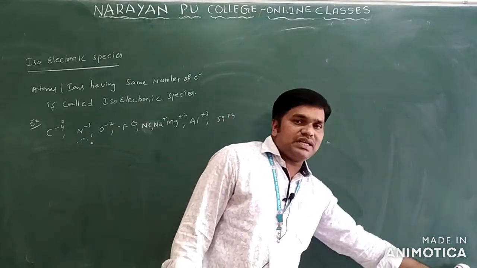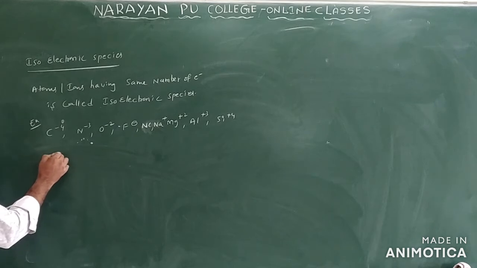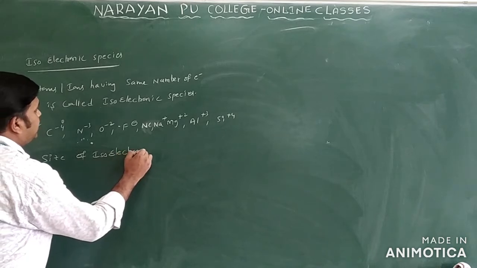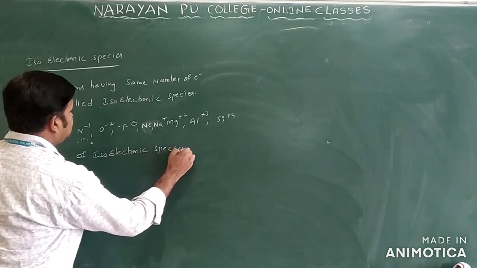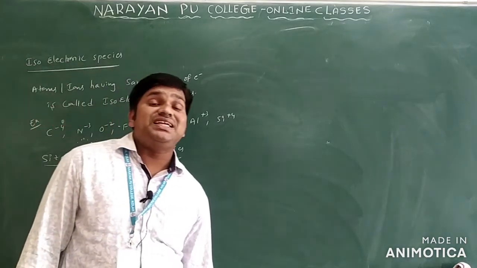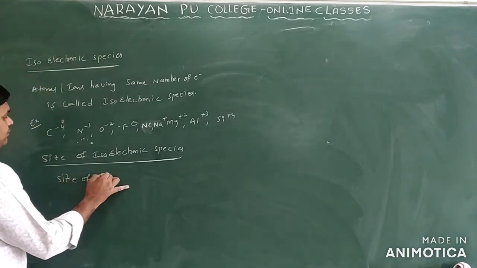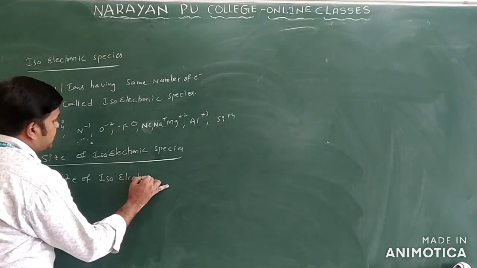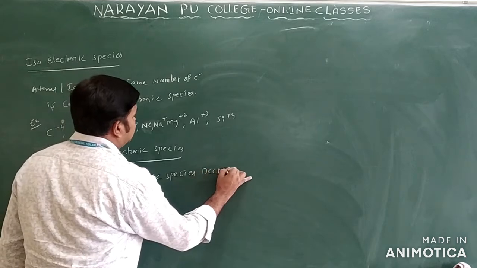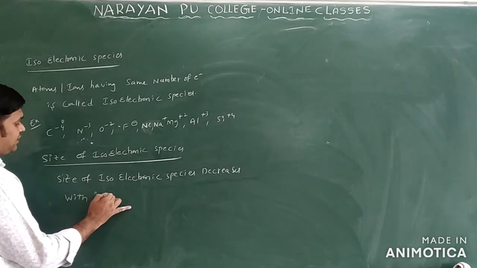In this case, what you have to identify is how to consider the size of these isoelectronic species. Generally, the size of isoelectronic species decreases with increase in atomic number only. I will write one point here: size of isoelectronic species decreases with increase in atomic number.